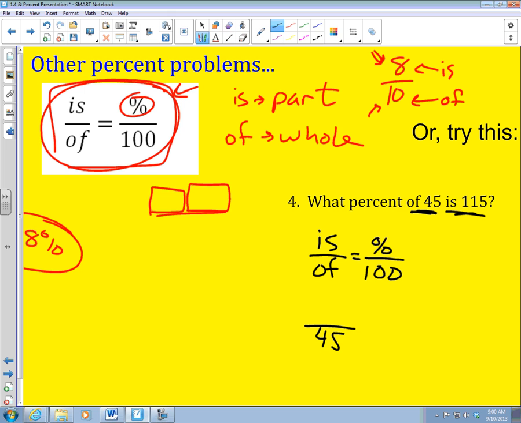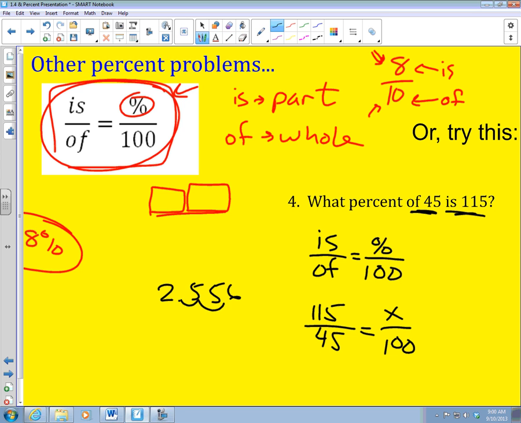Usually the bigger number goes on the bottom, but in this case it doesn't. Is my part, and once again we need a percent over 100. So basically it's 115 over 45 is like my percent over 100. So cross multiplying and dividing this, you're going to get 2.556.